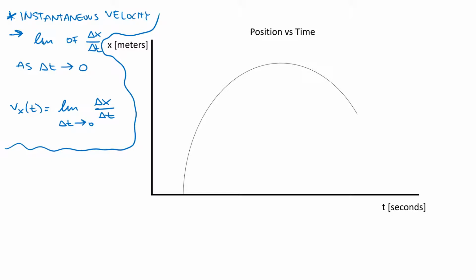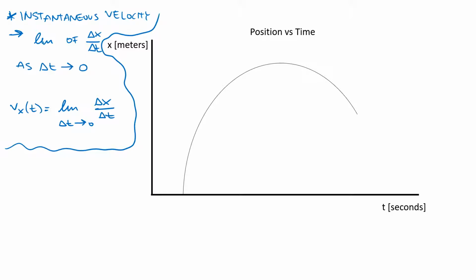So we have a way of finding a very specific point. Maybe I need to know where a rocket is right at 3.4 seconds. What's the velocity? Or maybe I need to know how fast a tide is moving, right at a very specific time.